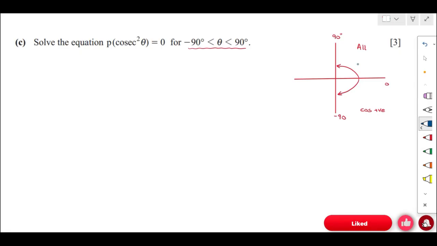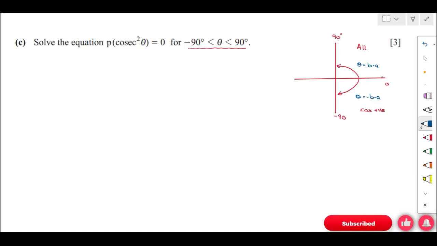Okay, so in the first quadrant your theta value is your base angle, and in the fourth quadrant theta is the negative of the base angle, because we are just dealing with these two quadrants, first and fourth, according to this domain, minus 90 till 0 and 0 till 90. So for 0 to 90, moving anti-clockwise, all trigonometric ratios are positive and theta is your base angle or the principal value of the angle, right?